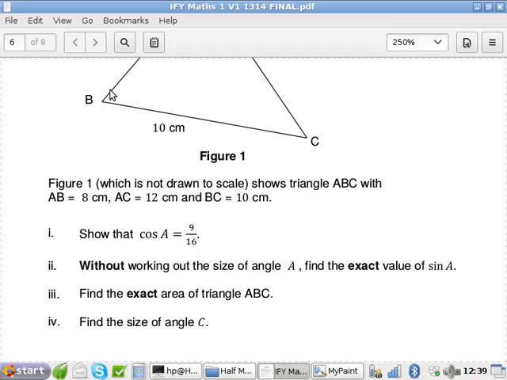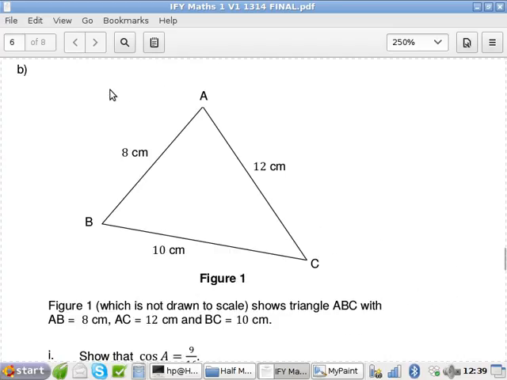Can we go all the same? You need to do the triangle? Yeah. You got it? Yes.